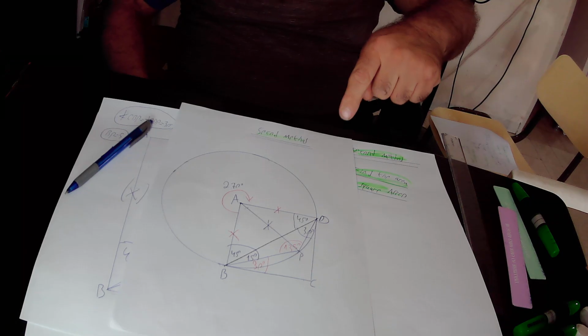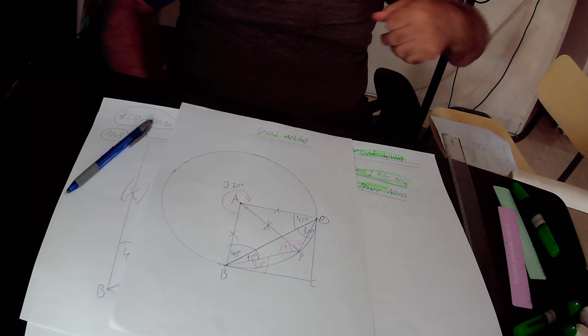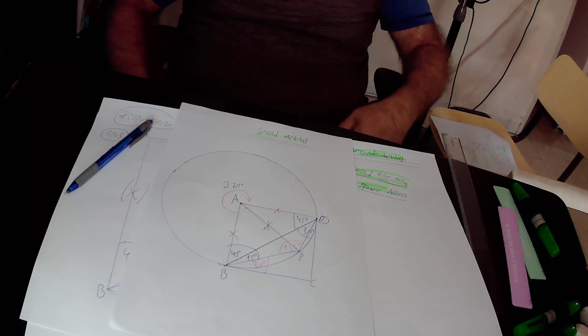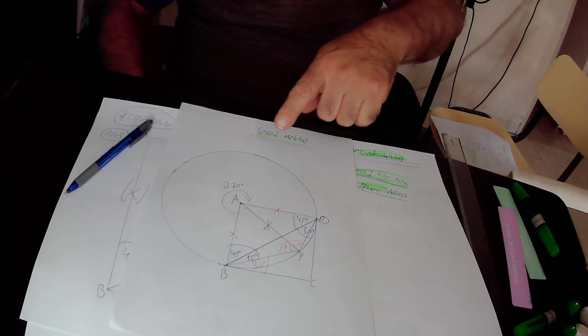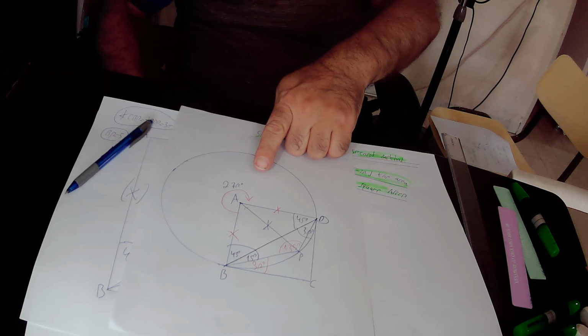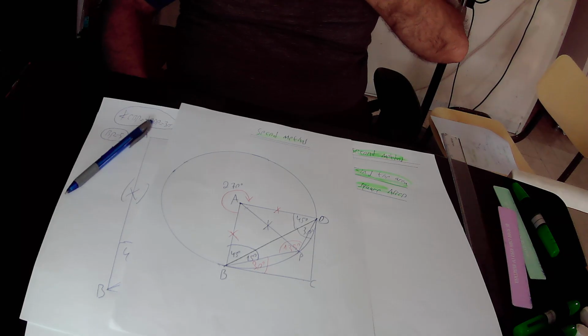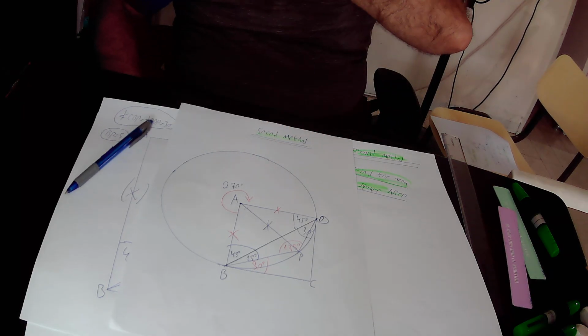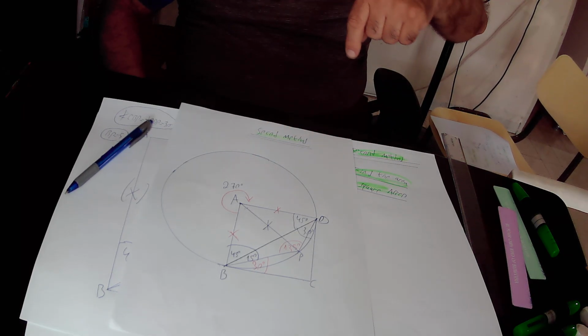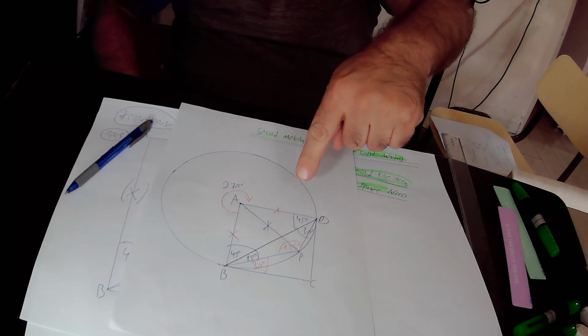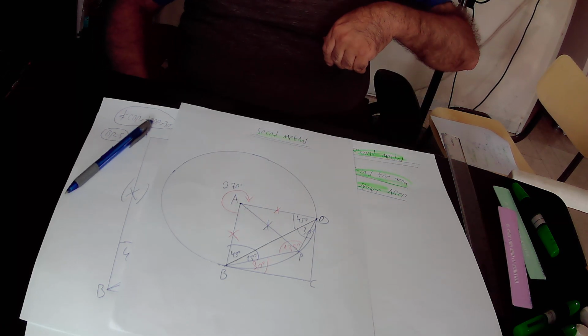So angle DPB obeys rule 13. Why? Because the center angle DAB, subtended on DB, is twice as large as angle DPB, which is also subtended on the same chord DB.